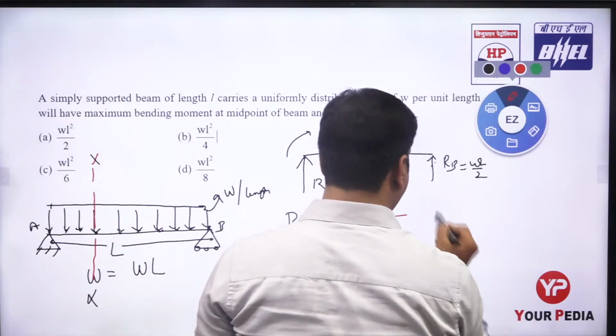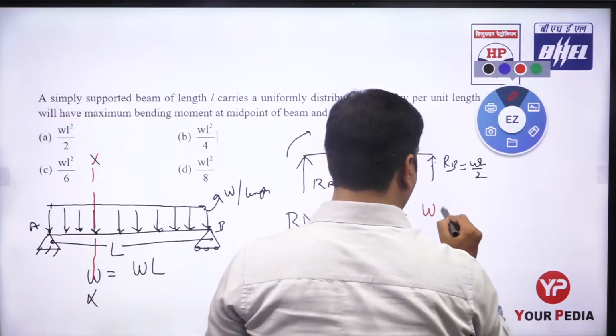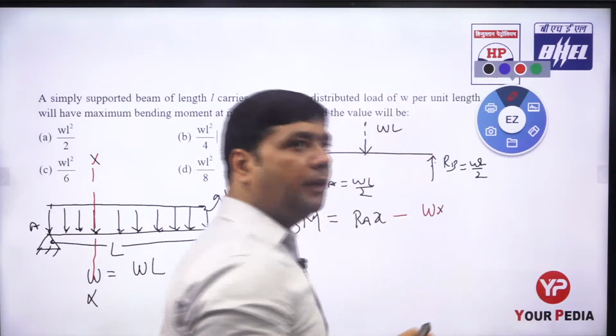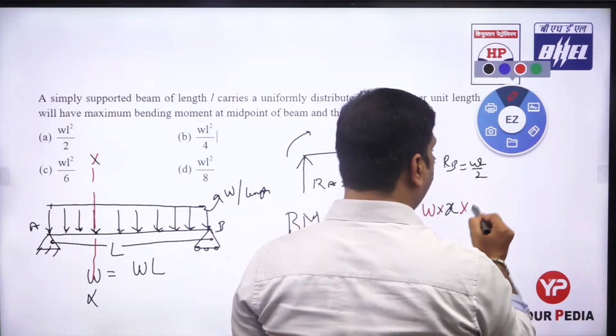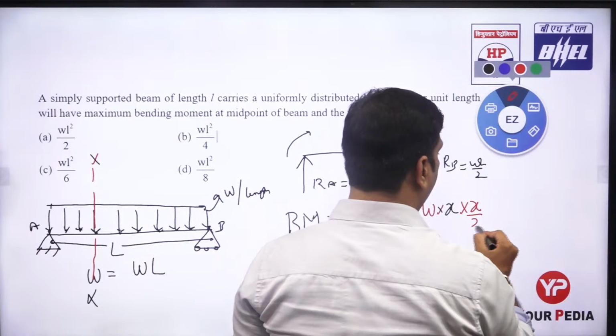So minus load, which is W into X, into distance, where will it act? X by 2.